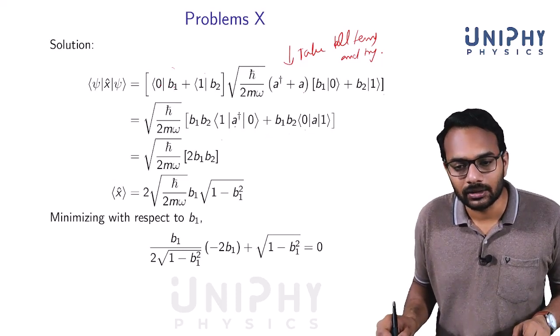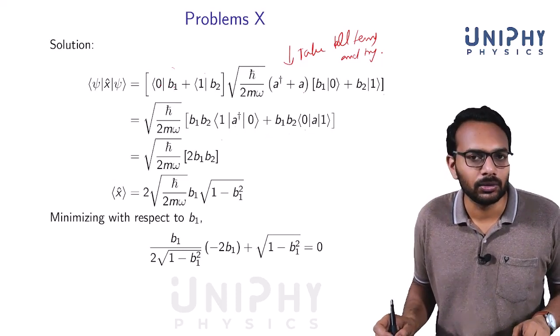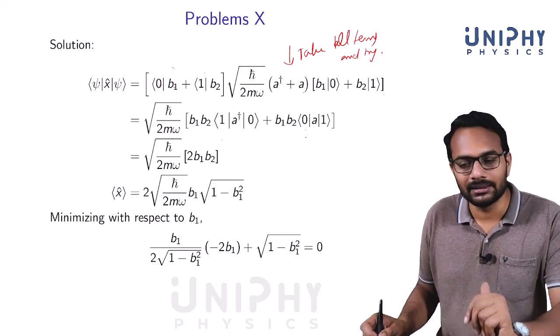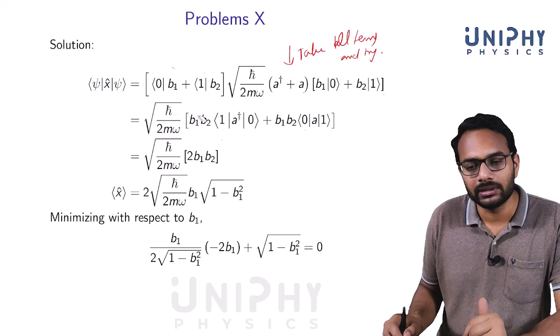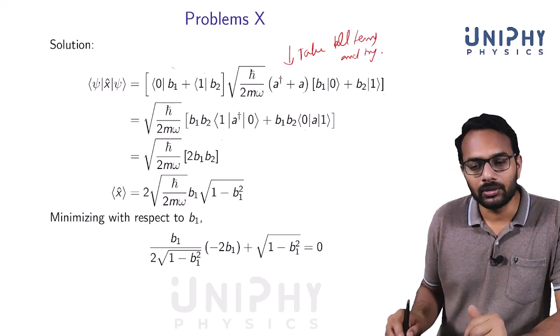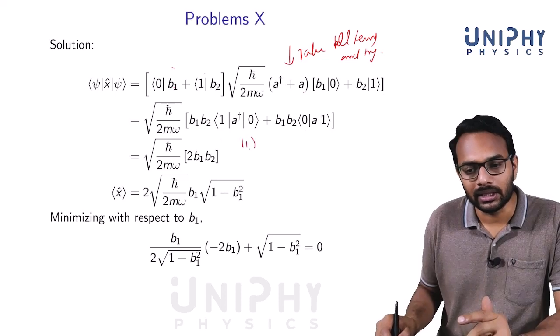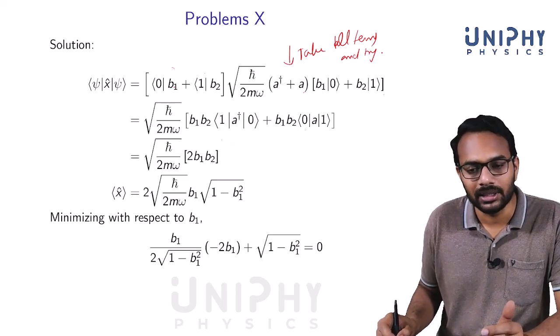By orthonormality these are the only non-zero terms: <1|a dagger|0>, because a dagger acting on 0 takes it to 1, and similarly a acting on 1 takes it to the state 0. The corresponding coefficients are b1 b2. Now, what's <1|a dagger|0>? a dagger acting on 0 is simply the state 1, the normalization constant is 1, so this is simply b1 b2.